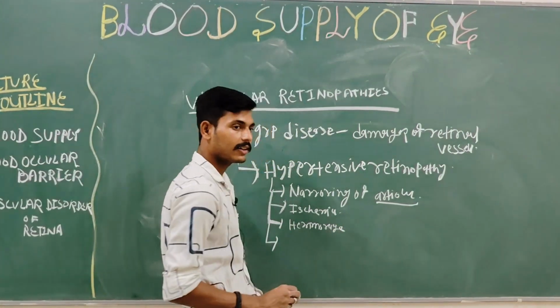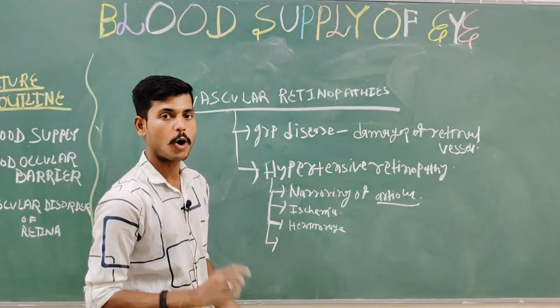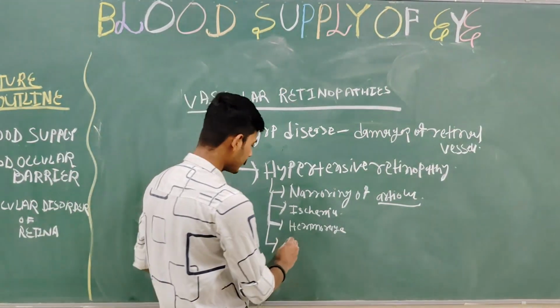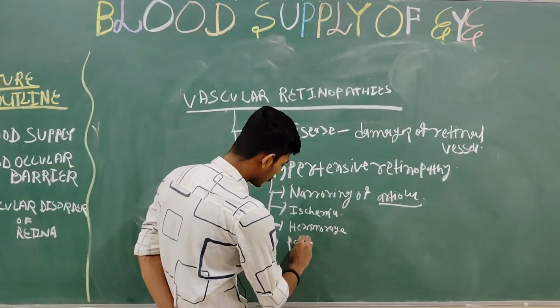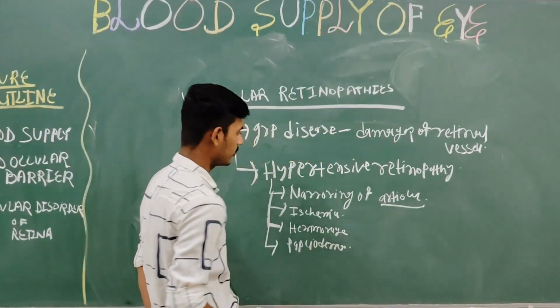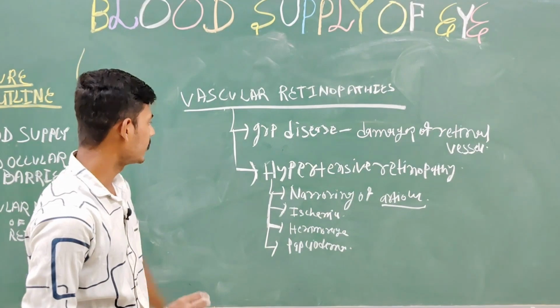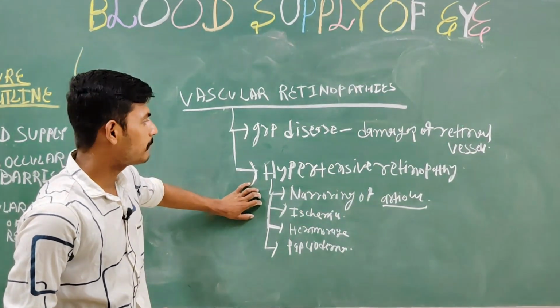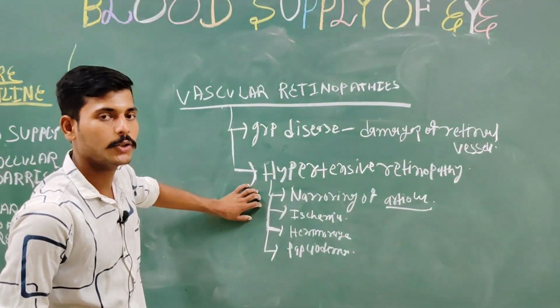And there will be inflammation of the optic nerve, termed papilledema. So this is about hypertensive retinopathy.